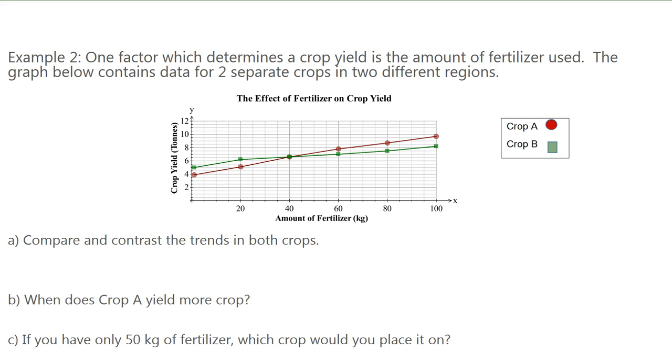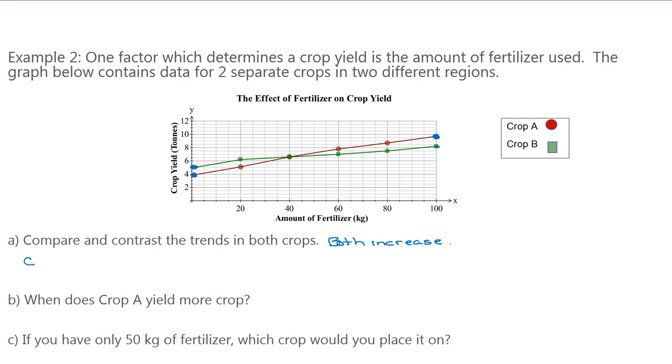Well, they both have an upward trend. They're both increasing as the amount of fertilizer increases. So both increase. But now let's compare crop A with crop B. I'm going to say that crop A starts off less than crop B, but then after it ends up higher.